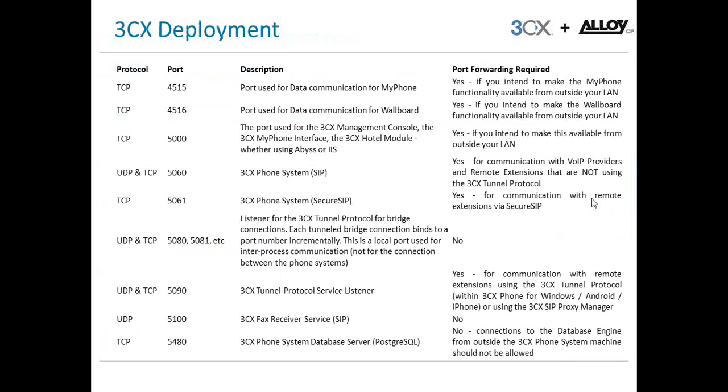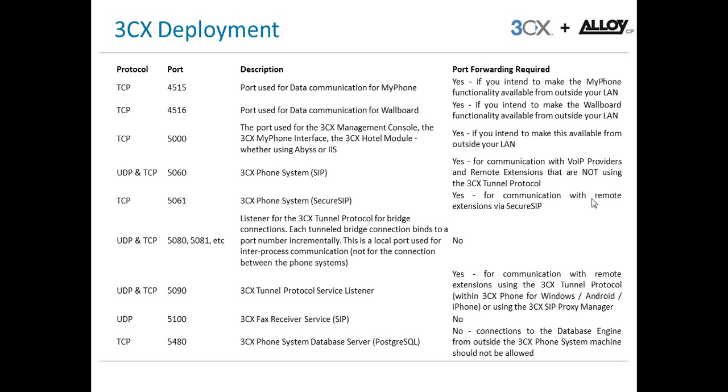So on the deployment side, when we deploy an IP application, we always have a number of TCP and UDP ports that are going to be in use. We need to make sure that, A, they're available, and B, in the case of SIP applications, we tend to be going outside of our network, so we need to have some port forwarding and things set up on our firewalls.